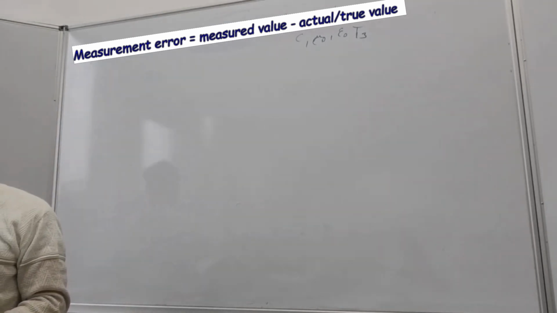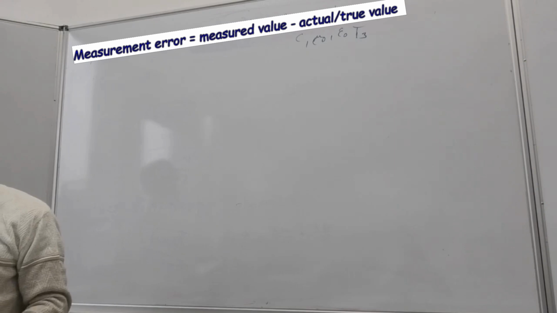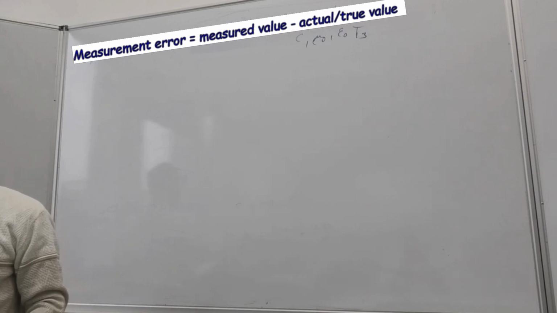And conventionally, the true value is a value that is close enough to the true value for a given purpose. In practice, this is most often the arithmetic mean, also called the mean value. The conventionally true value can also be some table value.